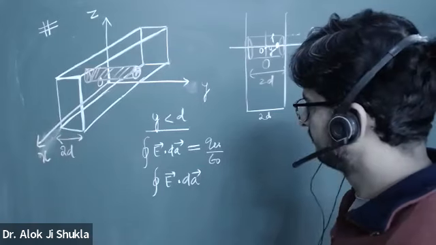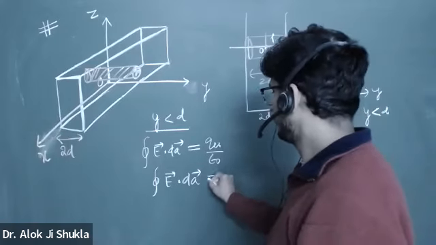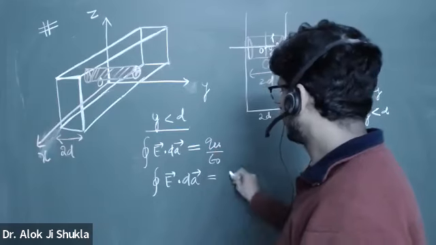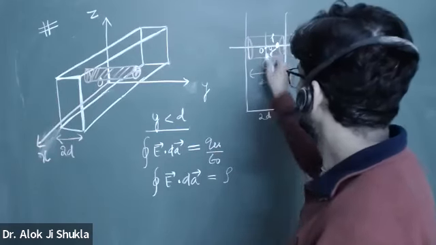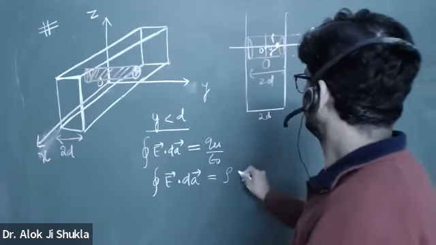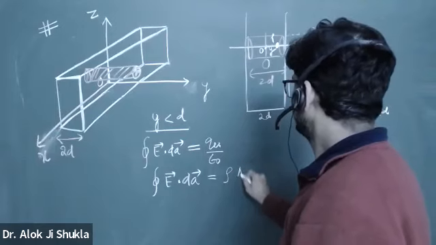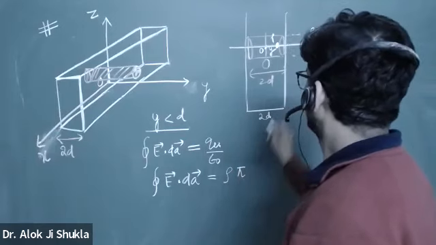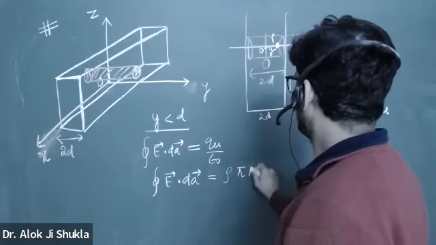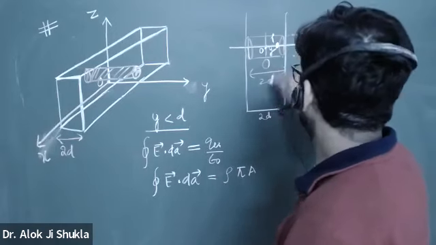Rho is equal to rho into... so what will this be? Rho into the volume of this cylinder, which is pi r squared h.